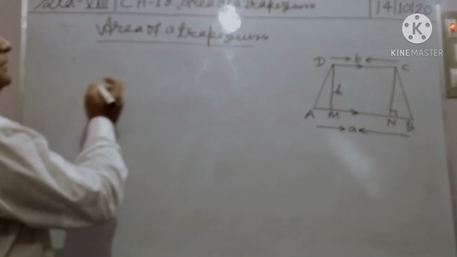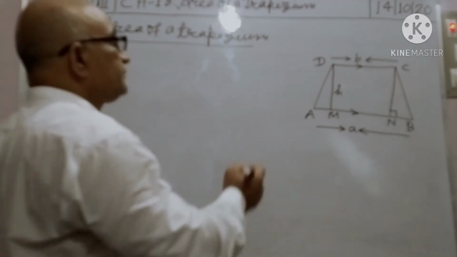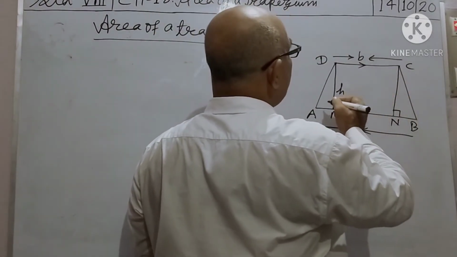So to find the area of the trapezium, it is divided into two triangles by the diagonal AC. Trapezium ABCD is divided into two triangles.